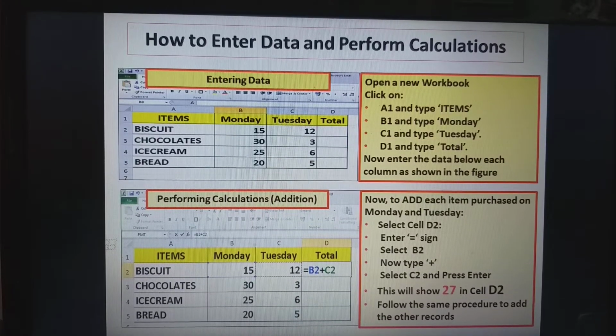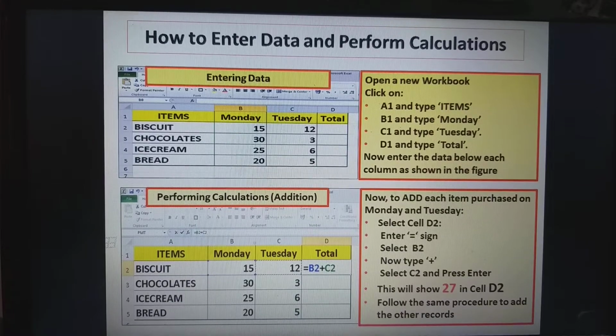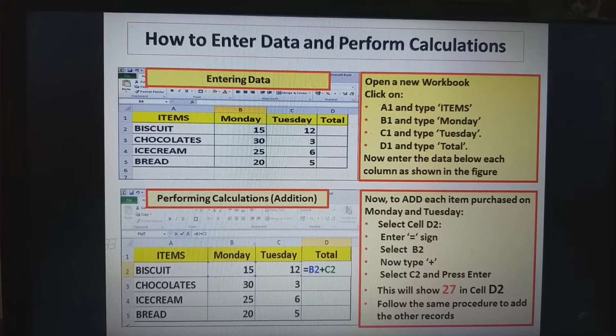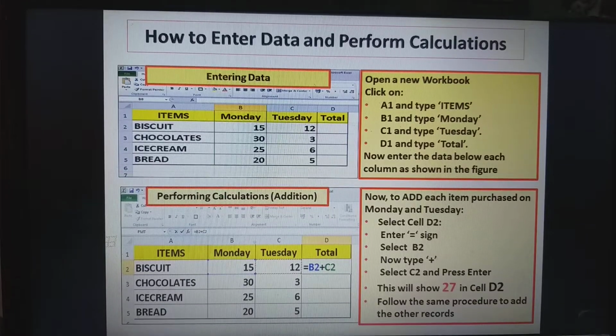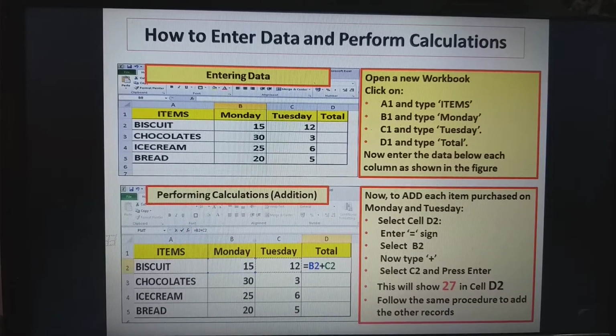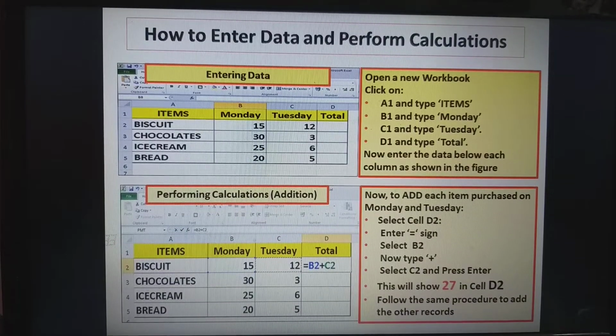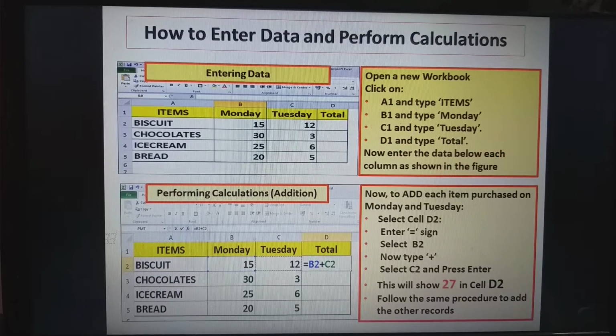Now to add the total number of items purchased on Monday and Tuesday, we select cell D2, enter equal to sign, select cell B2, now type plus. Select C2 and press enter.